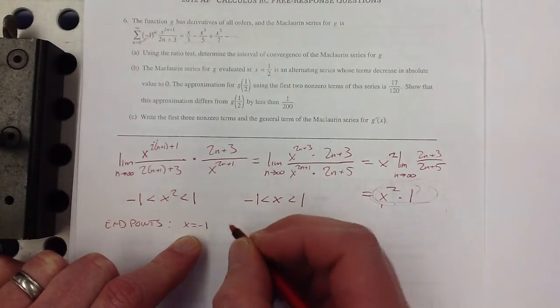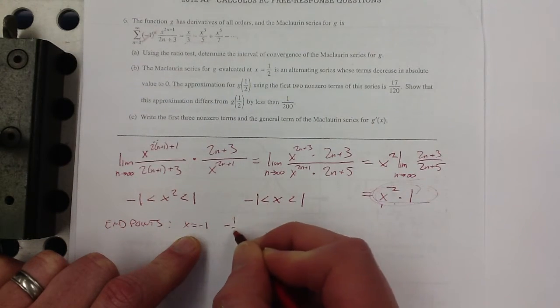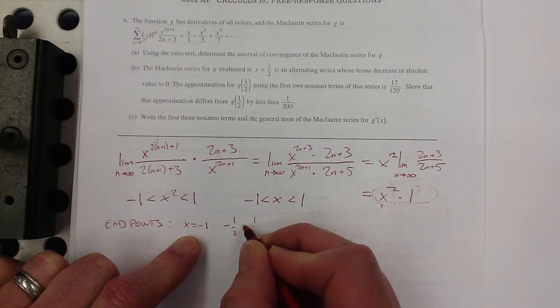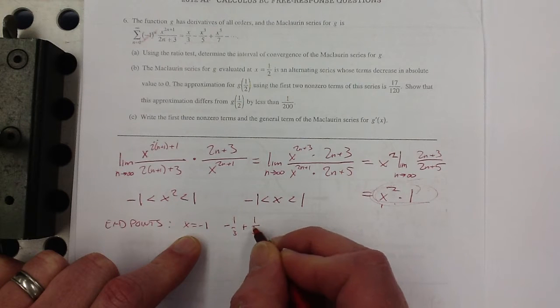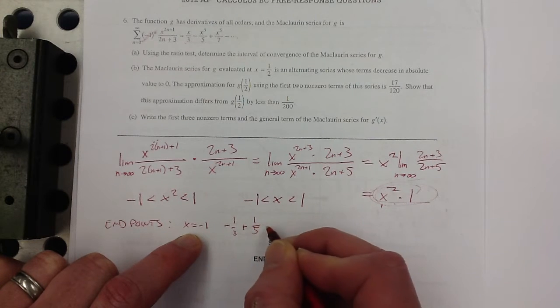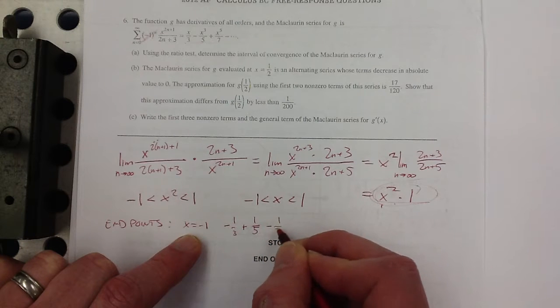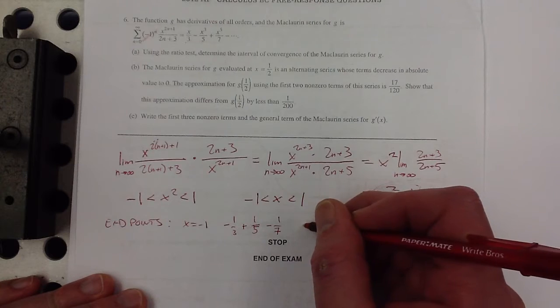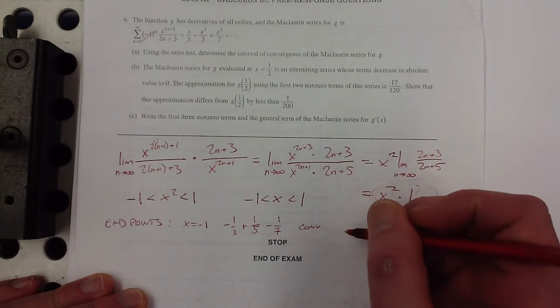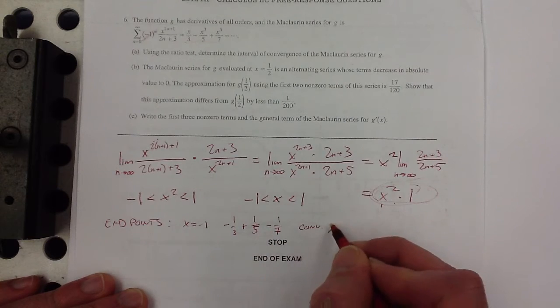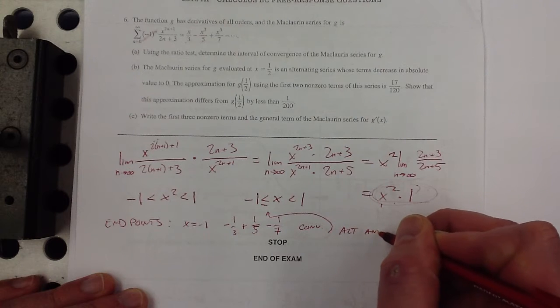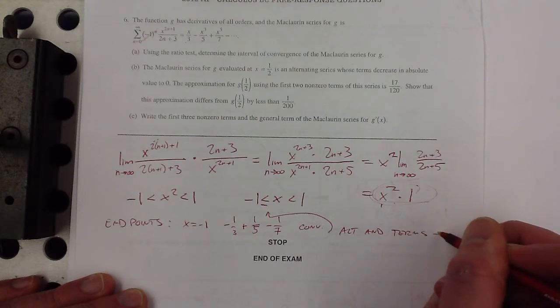When x equals -1, we get the series -1/3 plus 1/5, minus 1/7, etc. And that's going to converge, because it's alternating and terms are going to 0.